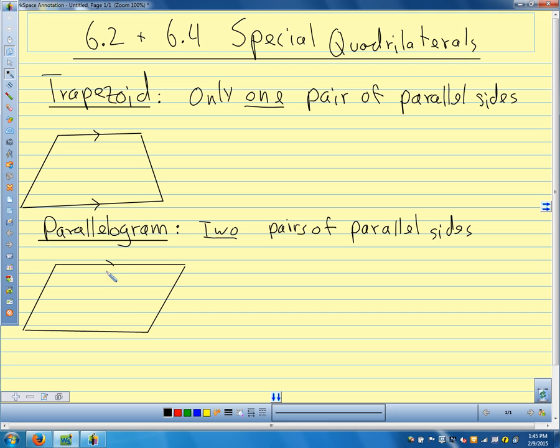These two sides would be parallel. And remember, parallel we mark with arrows. So you could draw that onto your figure. And this makes several special things happen. That's why we call them special quadrilaterals.